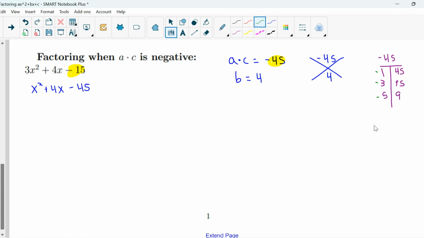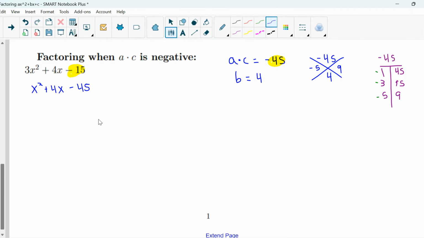Okay, so from here, let's test these. Negative 1 plus 45, obviously not 4. Negative 3 plus 15, obviously not 4. Negative 5 plus 9, well, that's 4. So those are going to be my factors. At this point, we would rewrite our b value as negative 5 and 9.